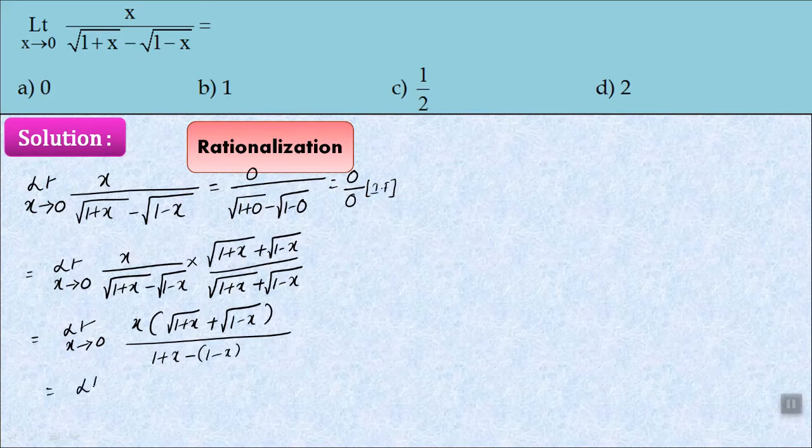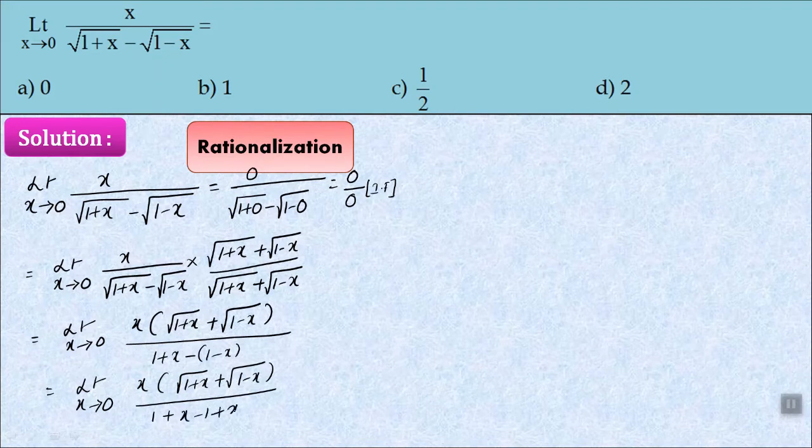This equals to limit x tends to 0, x into (square root of 1 plus x plus square root of 1 minus x) divided by here 1 plus x minus 1 minus into minus plus x.